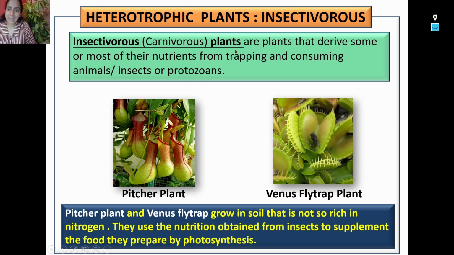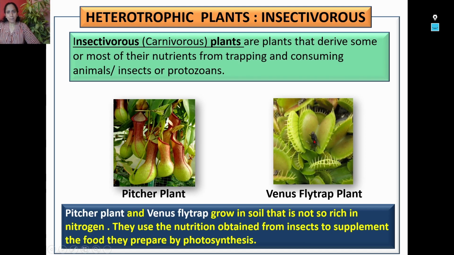These insect-eating plants are sometimes called carnivorous plants also. They are called insectivorous plants. And why do they eat insects? To fulfill their nutritional requirement. They have a special nutritional requirement of protein, which can be fulfilled by eating small insects only.